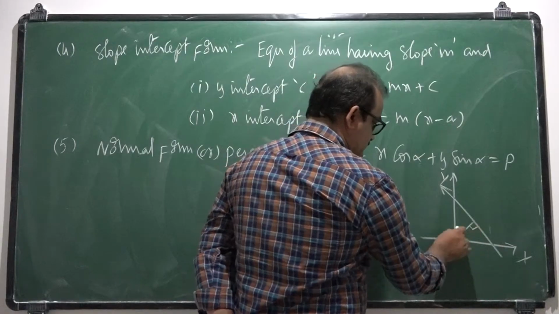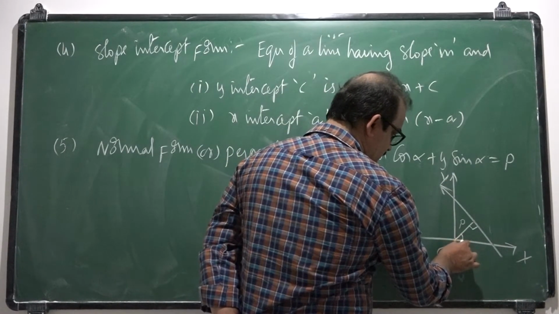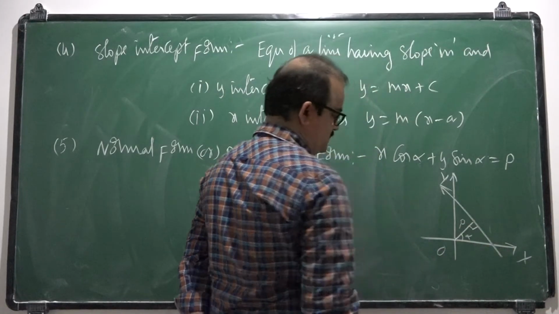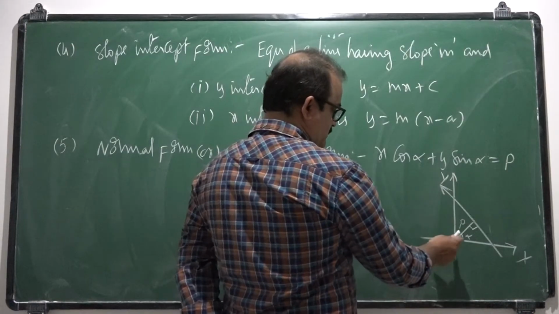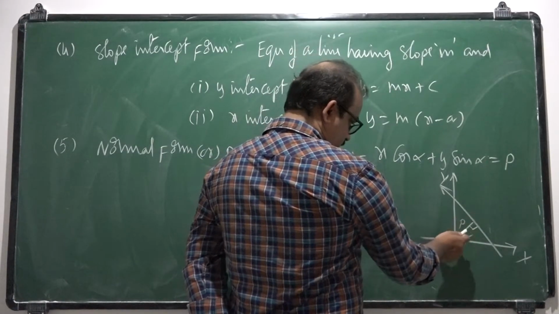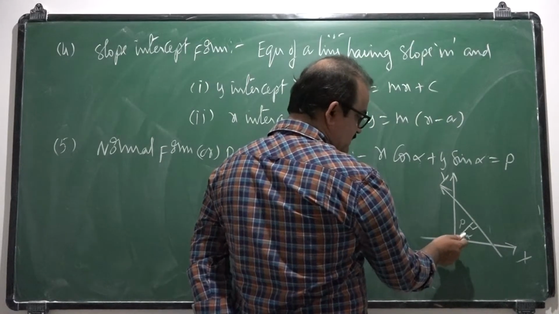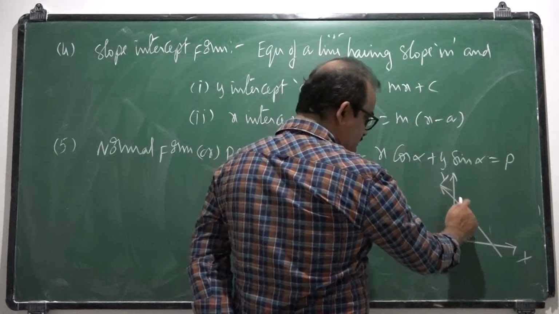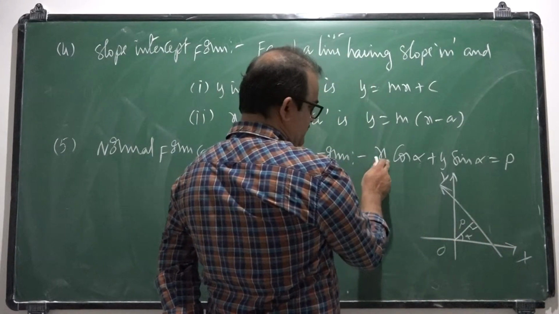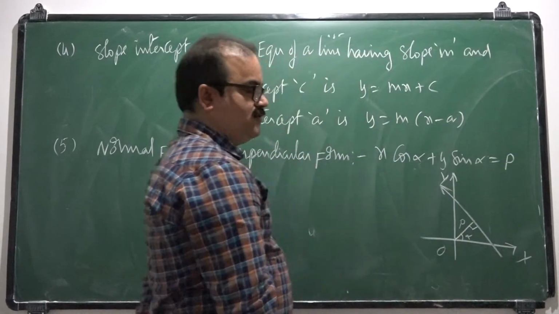Let this distance be P, and this makes an angle alpha with x-axis. Let the perpendicular make an angle alpha with x-axis and the distance of that line from origin is P. Then equation of this line is x into cos alpha plus y into sin alpha is equal to P.